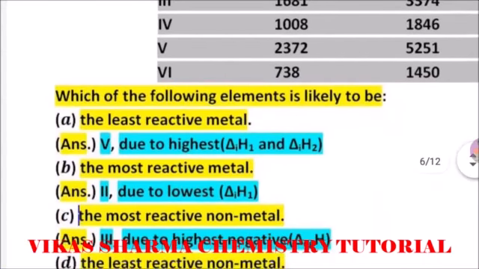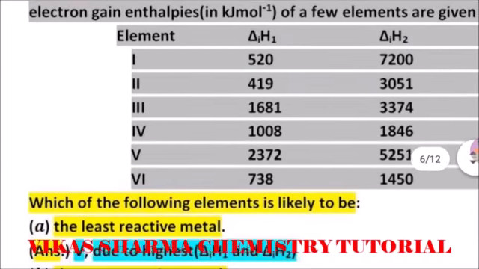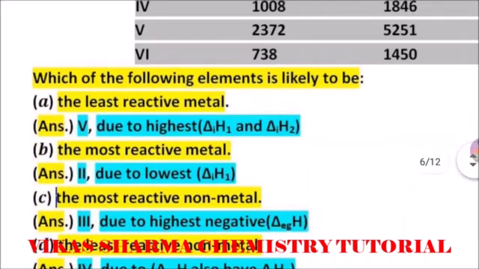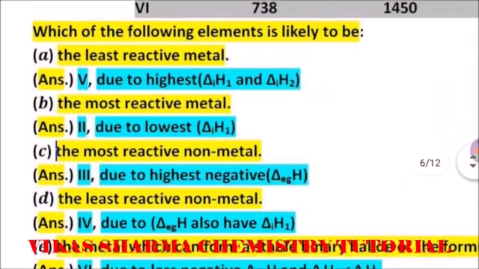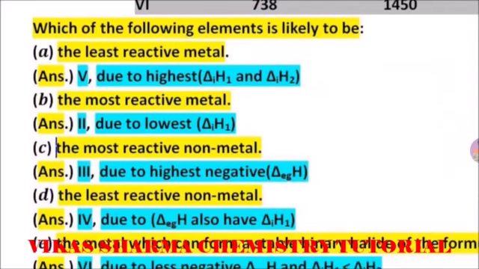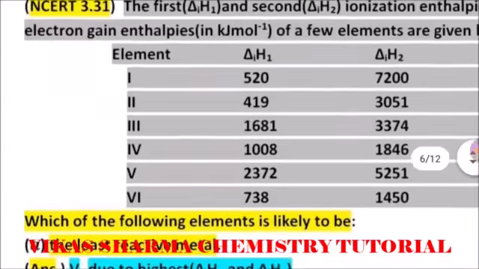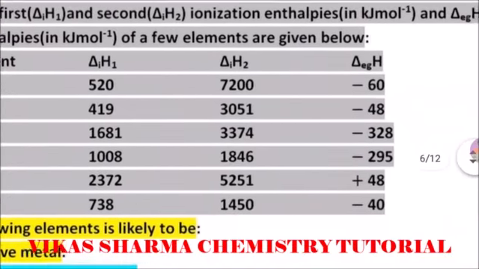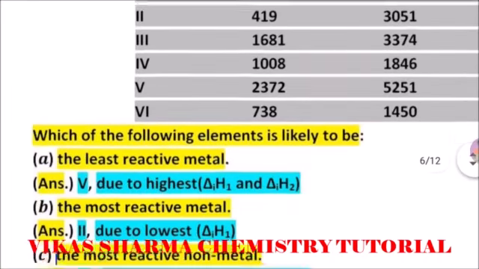The second question: the most reactive metal is the second, because the second has lower delta IH1, meaning lower ionization enthalpy, so it is most reactive. The most reactive non-metal is the third, because it has the highest negative electron gain enthalpy. The third has minus 328, so it is the most reactive non-metal.